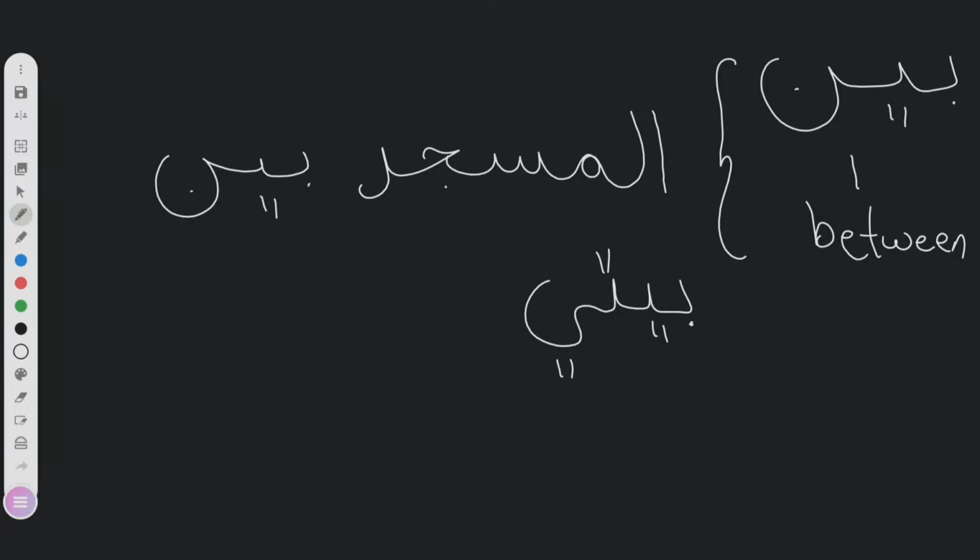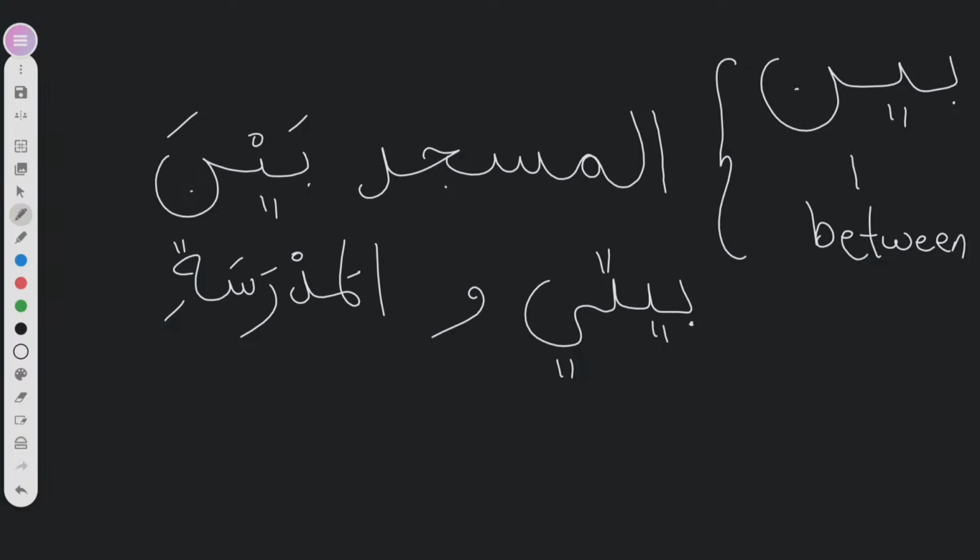Baina baiti wal-madrasa. The masjid is between my house and the school. Baina baiti wal-madrasa. First example.